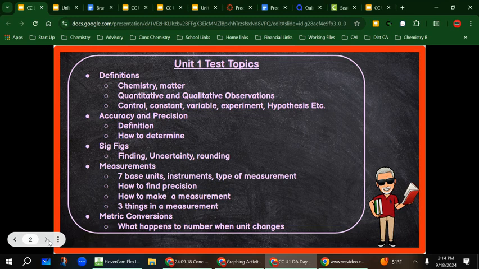Yes. What's the definition of matter? Of matter? Anything that has mass and takes up space. Okay? So literally we could define matter in 2 words, mass and space. If you have those 2 things, you have to be matter. By the way, I am not a huge fan of reading a big long answer on a test.